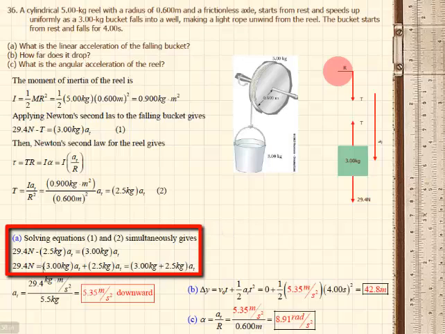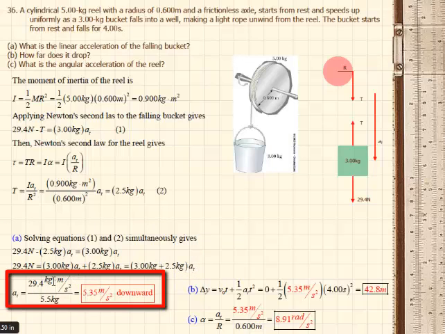So this becomes 29.4 newtons is equal to 3 kilograms times the tangential acceleration plus 2.5 kilograms times the tangential acceleration, so 3 kilograms plus 2.5 kilograms times the tangential acceleration. So the only unknown we're left with then, by combining these two terms, is the tangential acceleration.